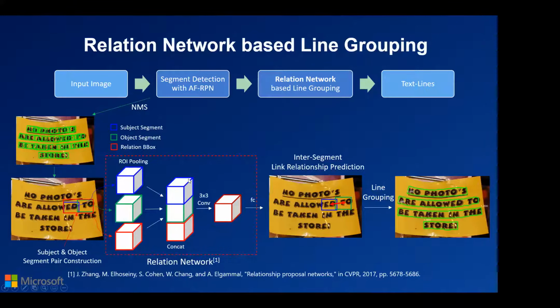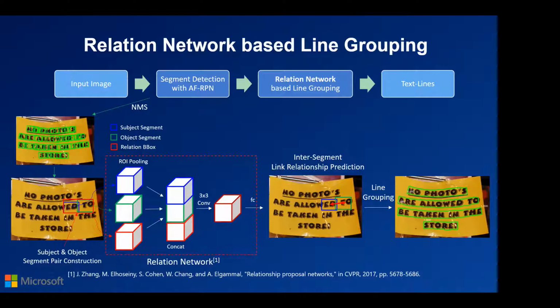You can see that out of this previous step, we get a bunch of text segments like this. They are of variable size, but they roughly capture the text line shape. The next step is, how do you connect these segments into actual text lines? Here we propose an approach called a relation network. The idea is to take nearby text segments that have been detected in the previous step.